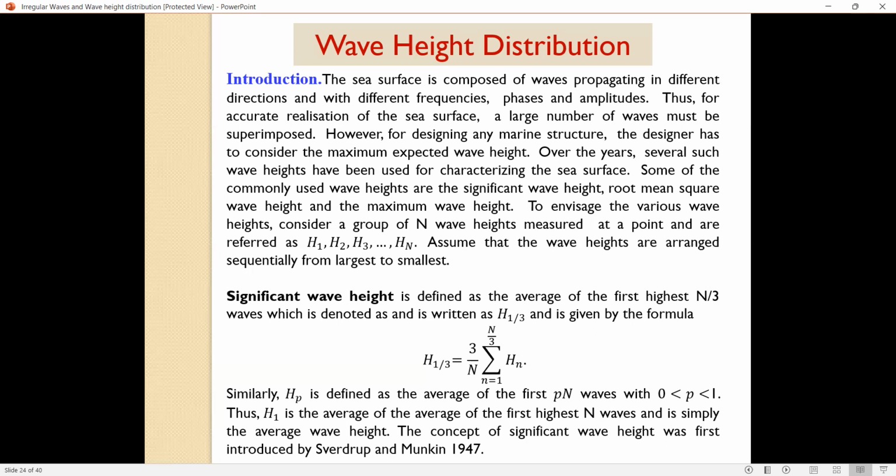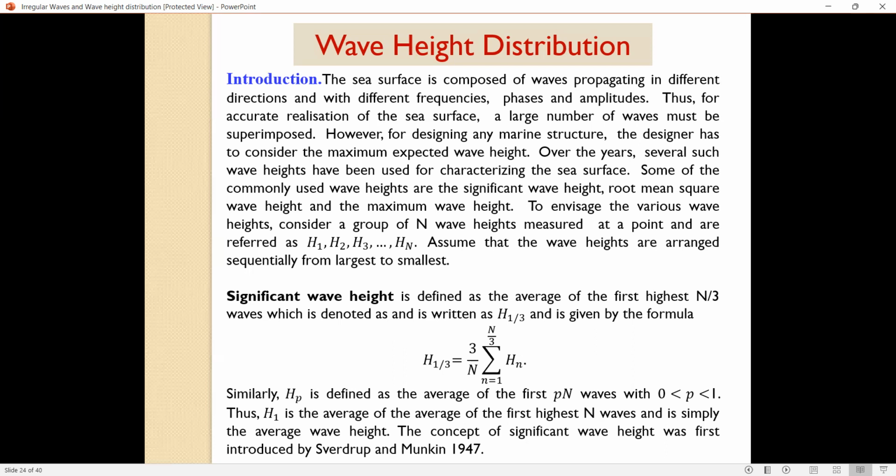So when a student works on a wave problem, people ask why you have taken a monochromatic wave, with the same frequency, a fixed amplitude and the same wave height. How is this going to be applicable to an engineering problem? I think some of the answers I have given through this lecture: finally an engineer will look at one wave height.